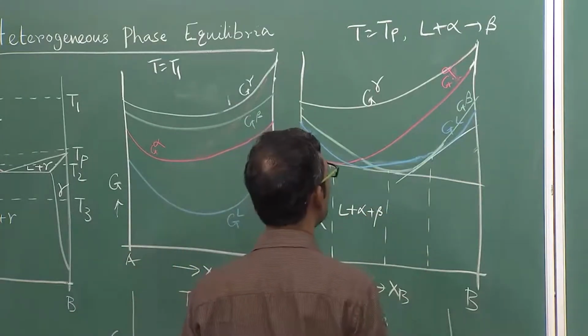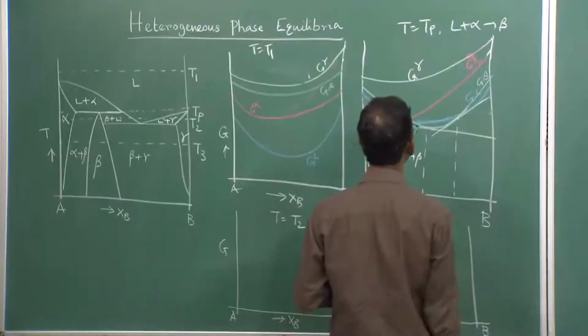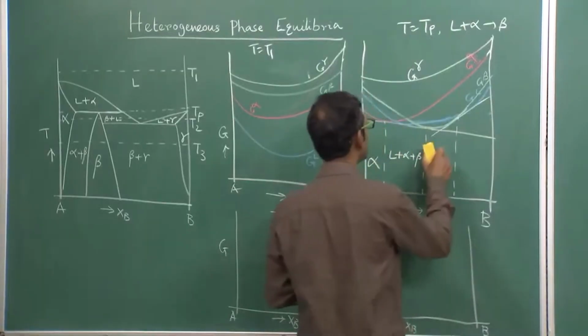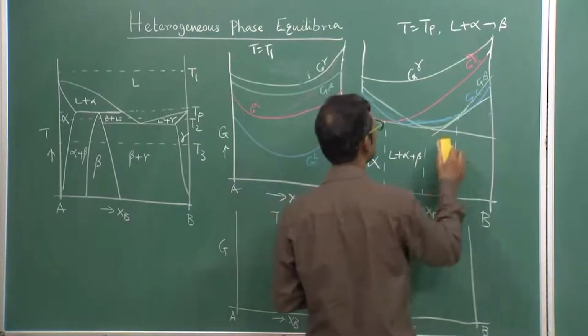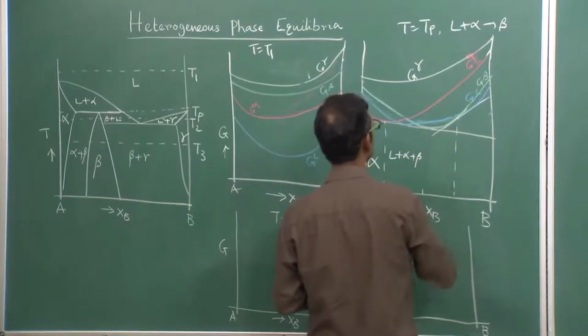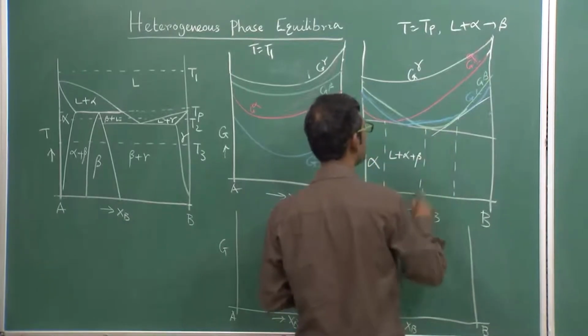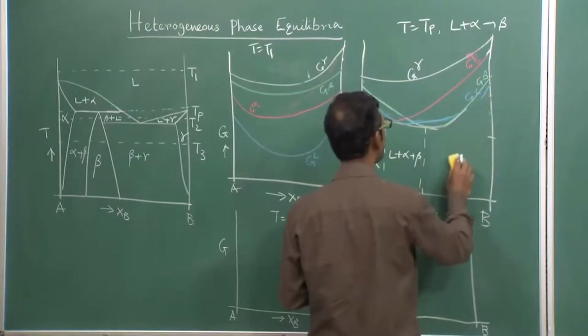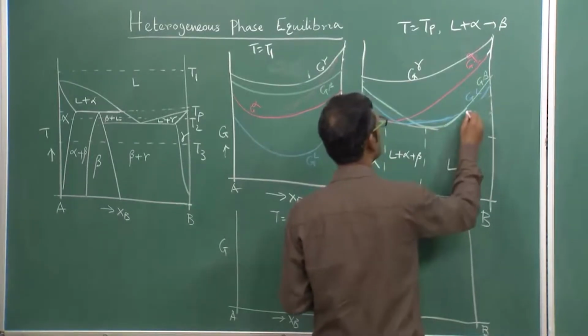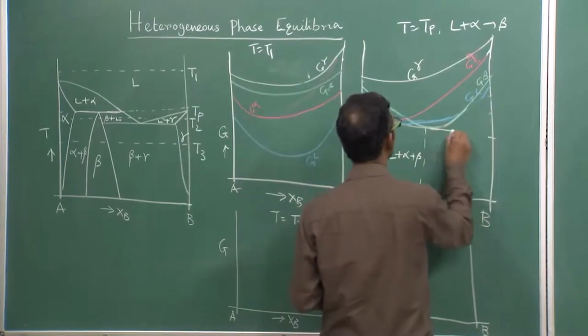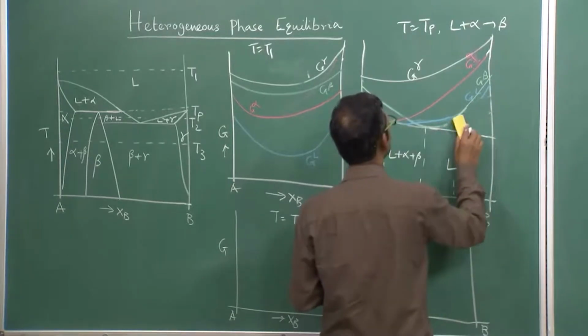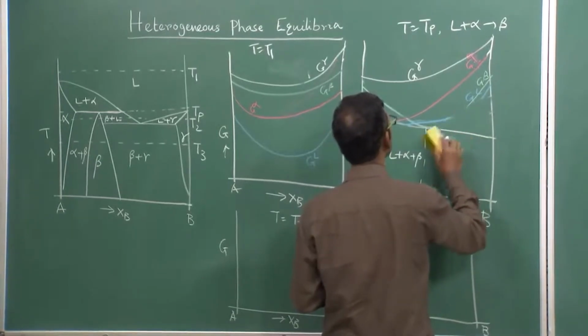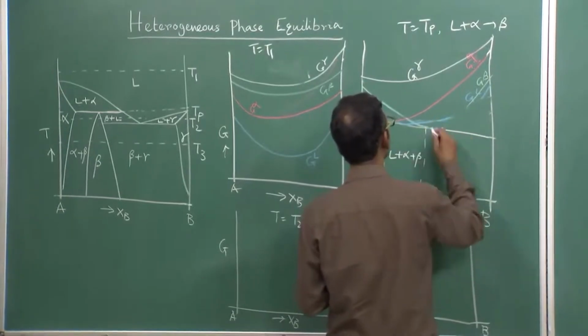It's not beta, this is liquid is stable, so beta cannot be stable. So let us remove that. It is not that, so it will be liquid. So what you do, you remove this tangent will come next. So this will be liquid, so this tangent is fine. That's why I was telling that there's some mistake happening.